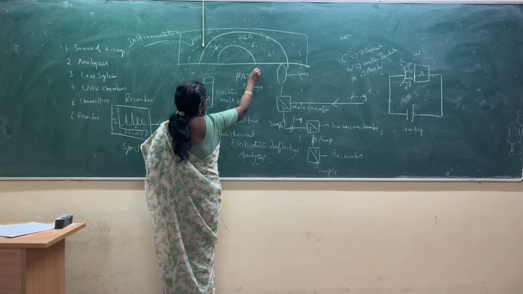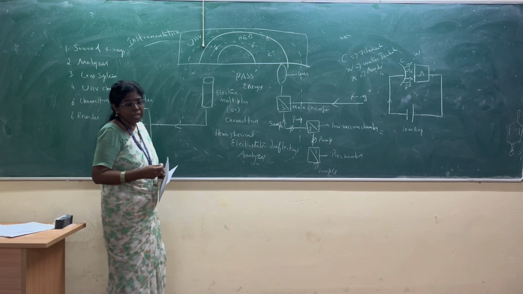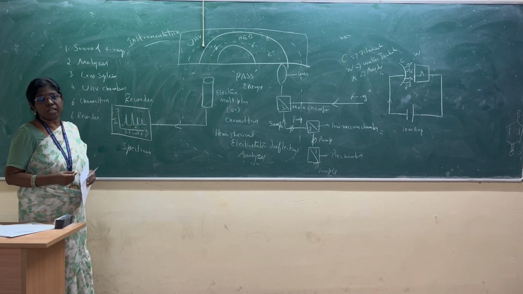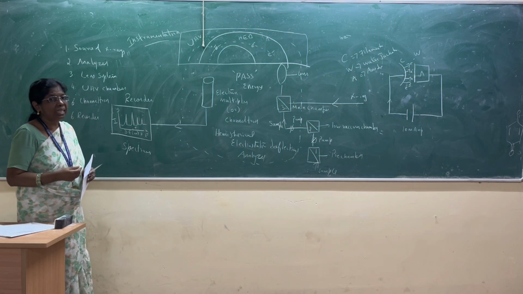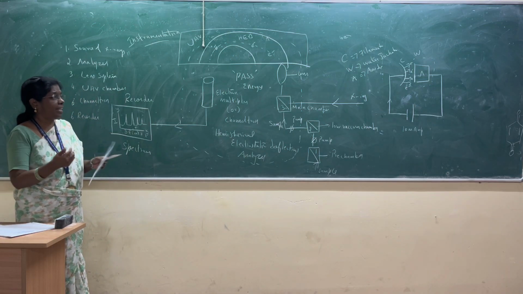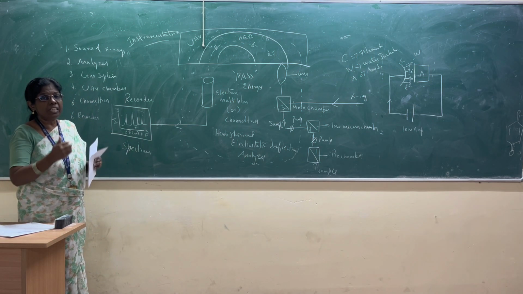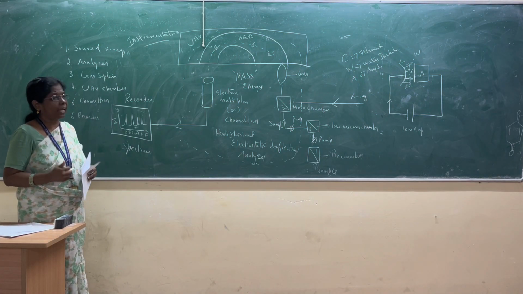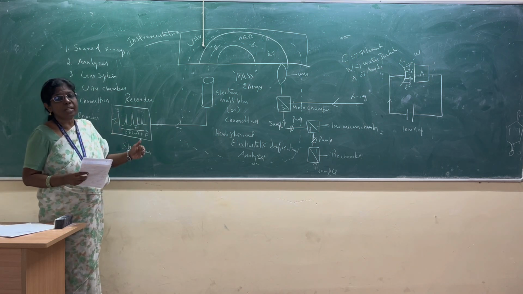So what is the pass energy? It is used to slow down the movement of the electrons, so that the movement of electrons is decelerated. What do you mean by decelerated? That is the opposite of accelerated. Accelerated means very fast, and decelerated means slowing down, so reducing the rate of movement of the electron. Why do you have to reduce the movement of the electron?